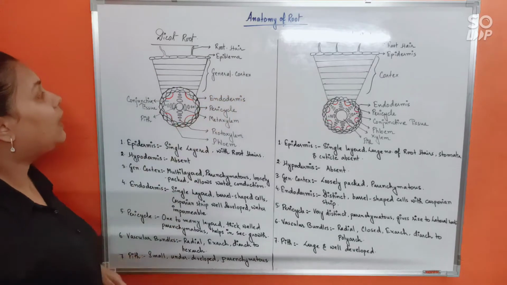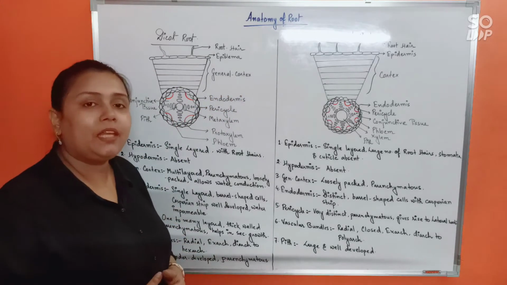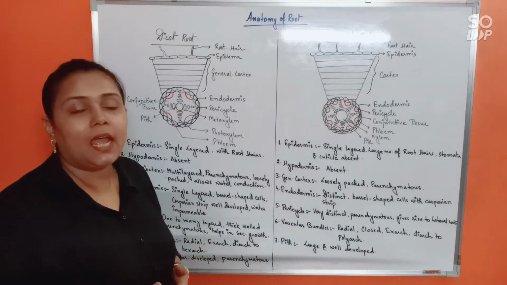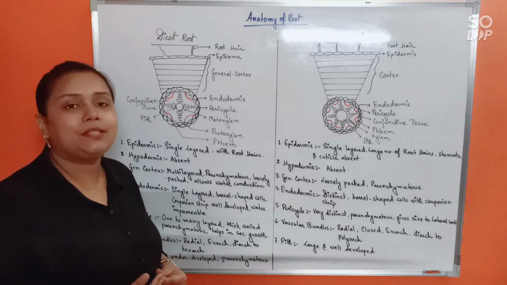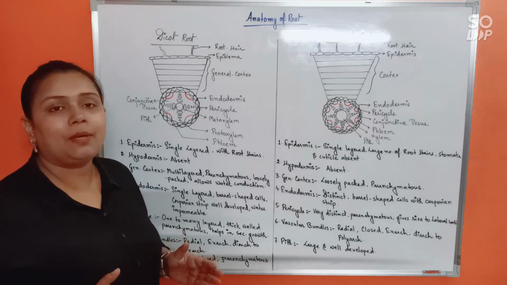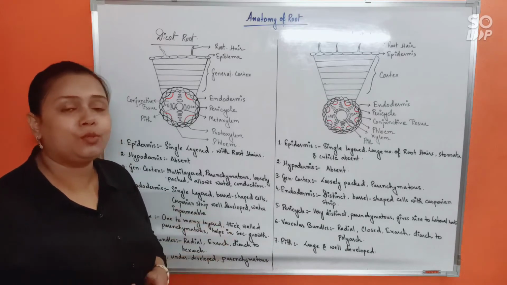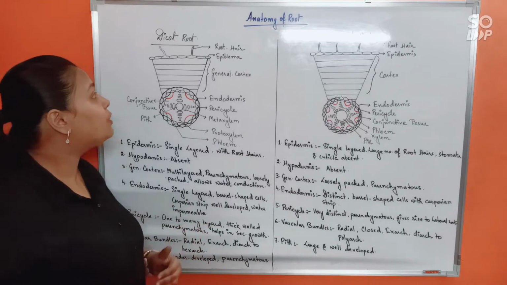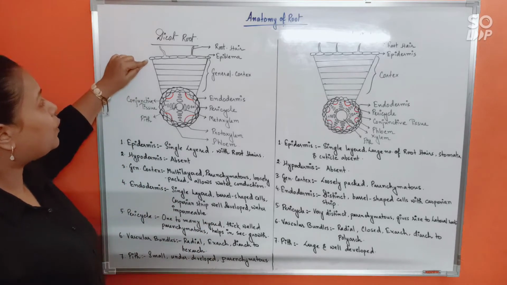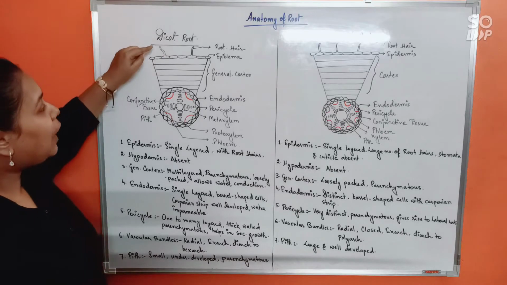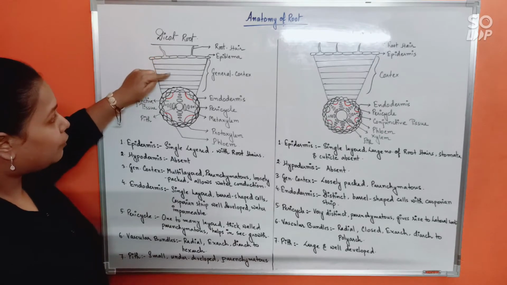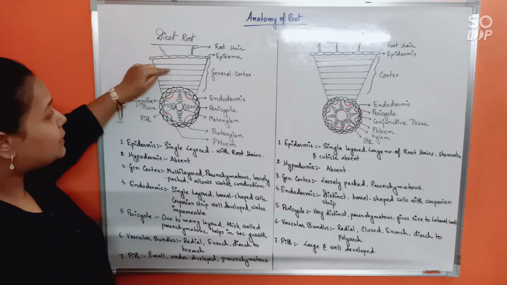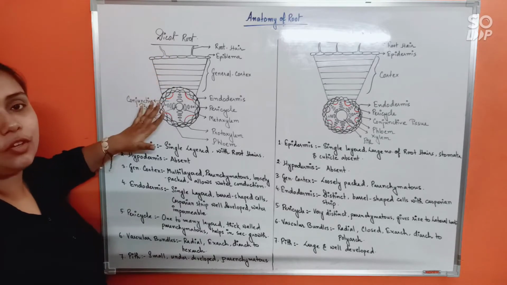So after the epidermis, the general cortex is directly present. The general cortex is always multi-layered and consists of parenchyma cells, which have a thin cellulosic cell wall. Why I am mentioning the cell wall here is because the water absorbed by the root would readily pass through the cell walls of the parenchyma cells present in the general cortex.